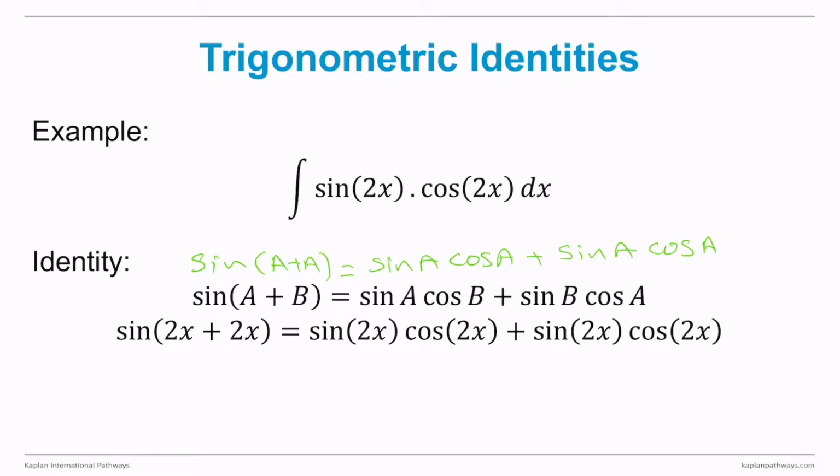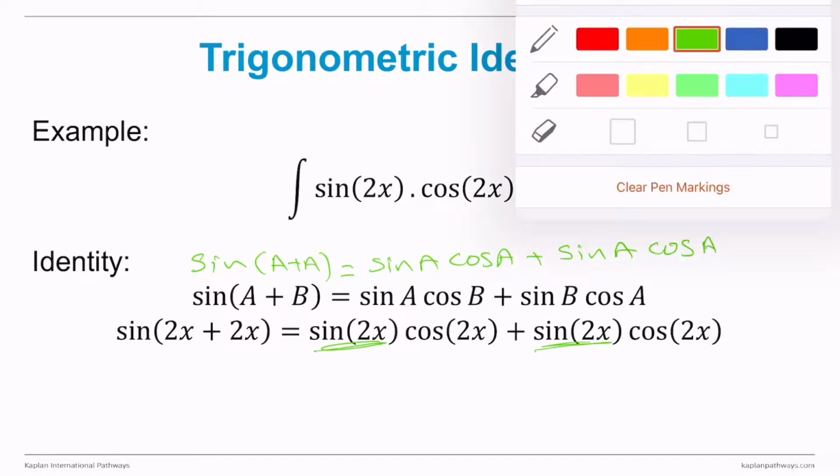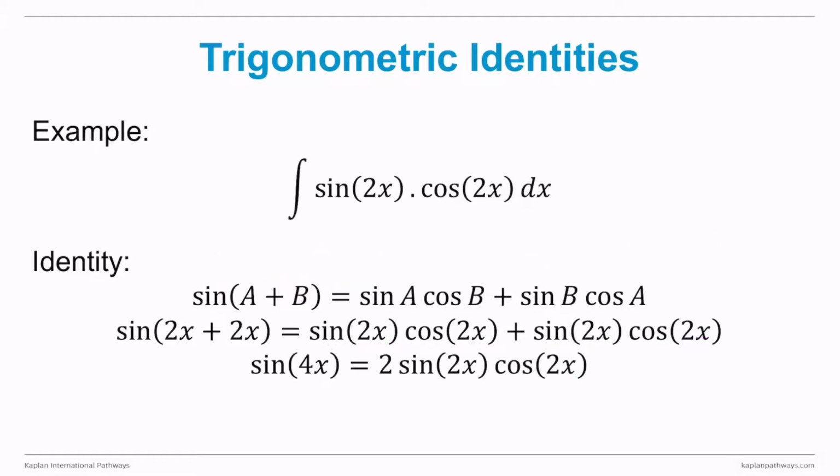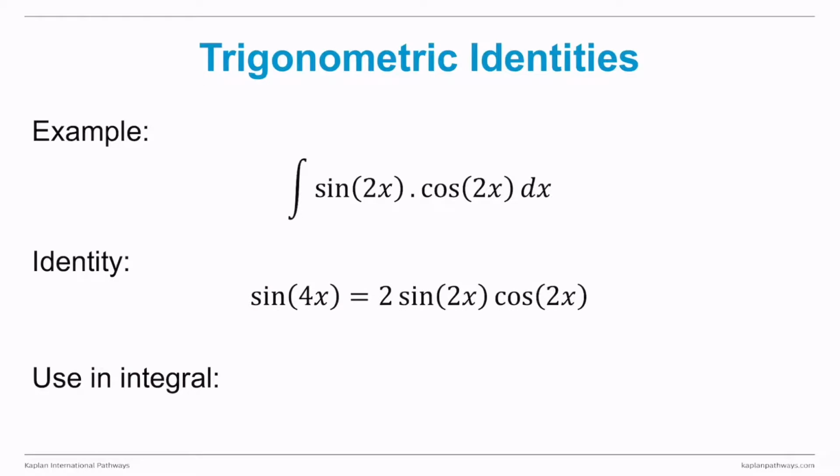As we said, there is sine here and sine here and cosine and cosine, so it becomes sine 4x because we add these together, and there's going to be 2 sine 2x cosine 2x.